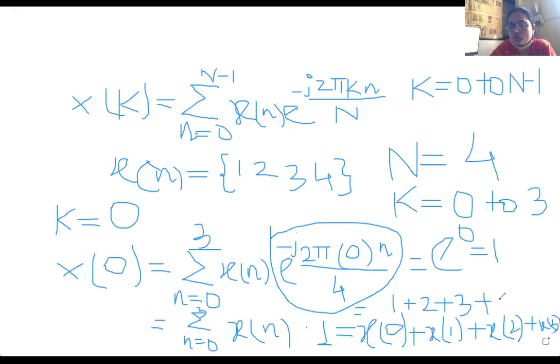So the complete value of X of 0 is equal to 1 plus 2 is 3, 3 plus 3 is 6, 6 plus 4 is 10. So the first value of the DFT sample, when k equals 0, is denoted as X of 0, which I have represented by capital X.